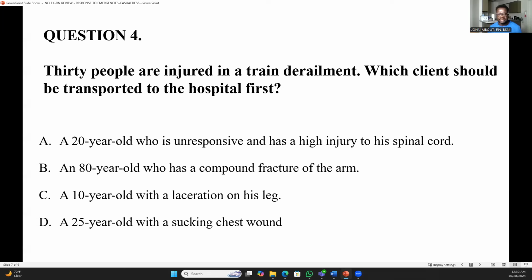The right option is D, okay? During a disaster, the nurse must make difficult decisions about which persons to treat first, right? So the client with a sunken chest wound needs immediate attention and will likely survive. Back to what I told you. In this type of accident, let me show you the slide.